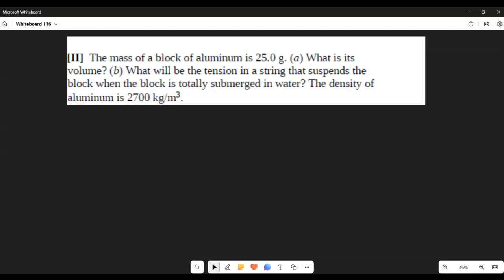The answer should be 0.145 newtons. Did you get the answer? Fantastic. That means you're definitely on the right track. Okay, great, guys. Anyone else?